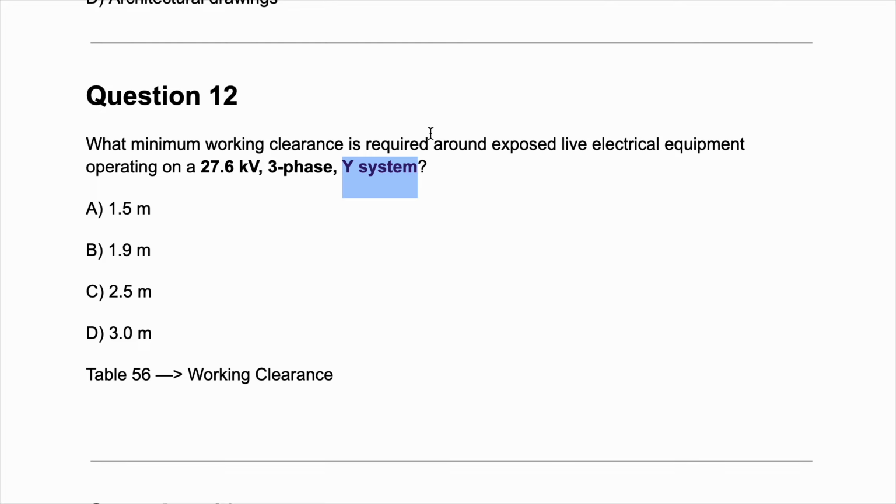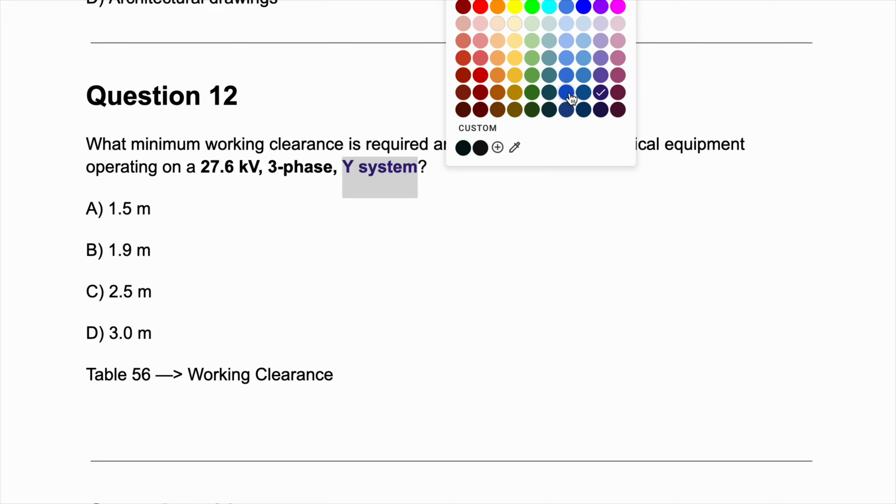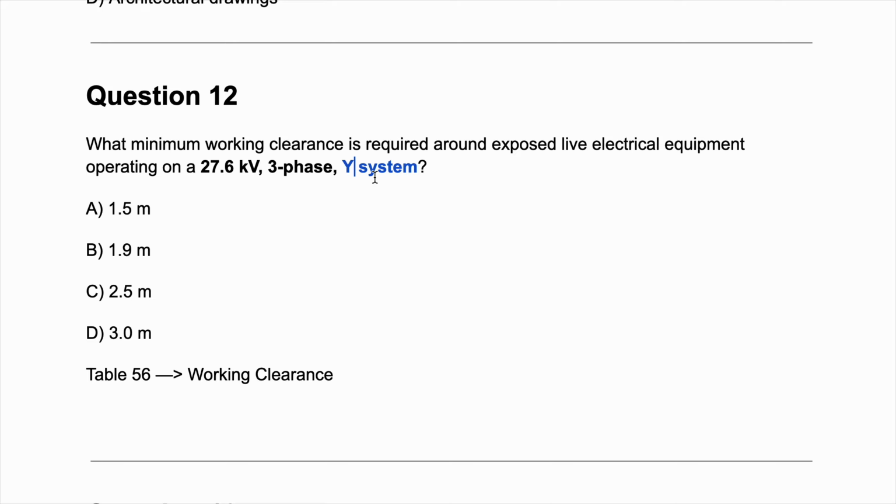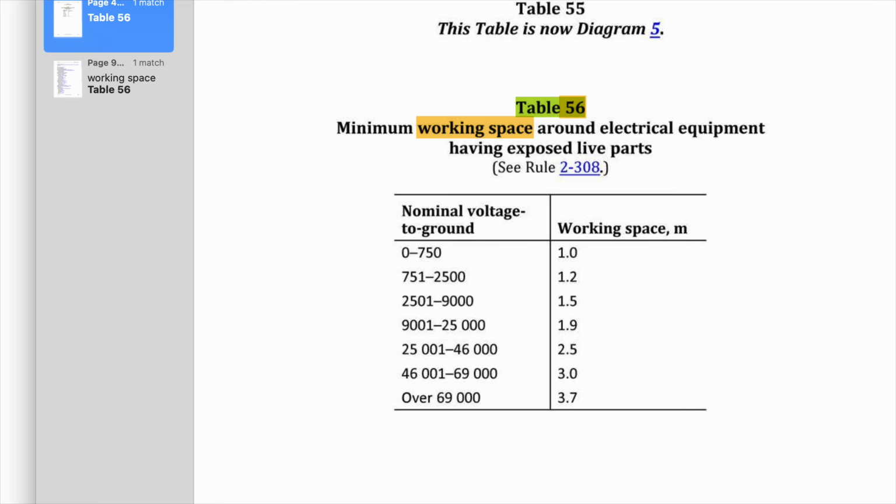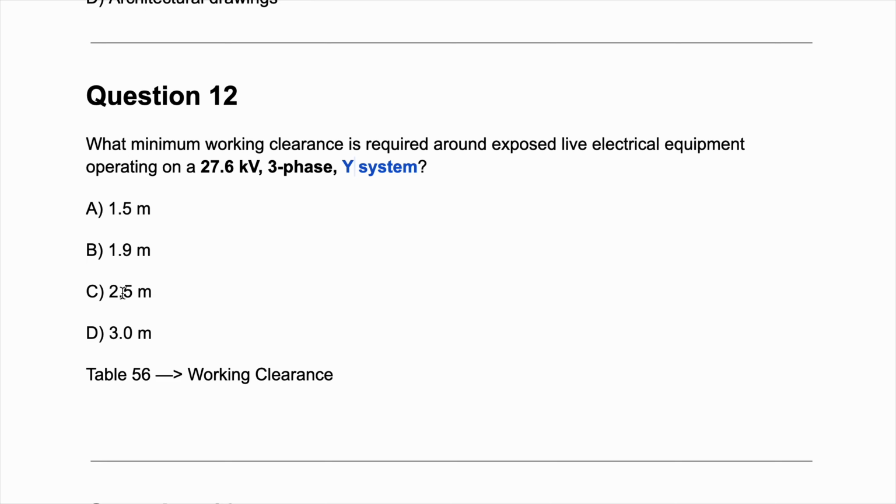You need to be careful about it, because it says that it is a Y system. So for the Y system, if you just go and find 27.6, 27, this one, 2.5, you'll choose 2.5. But this is a Y system.